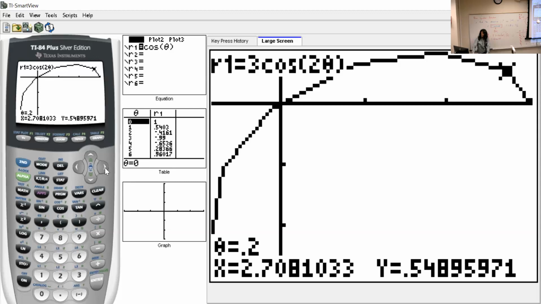Plug it in, square root of x squared plus y squared. That is going to give us the radius.